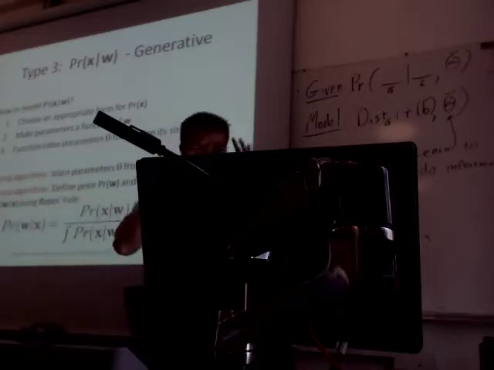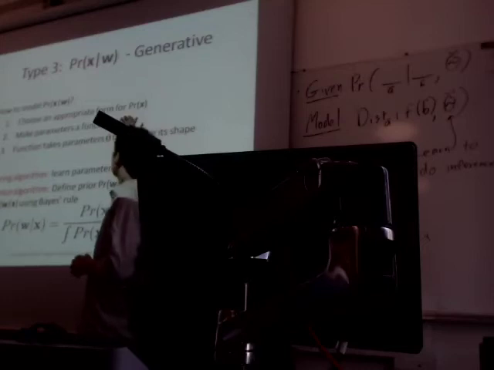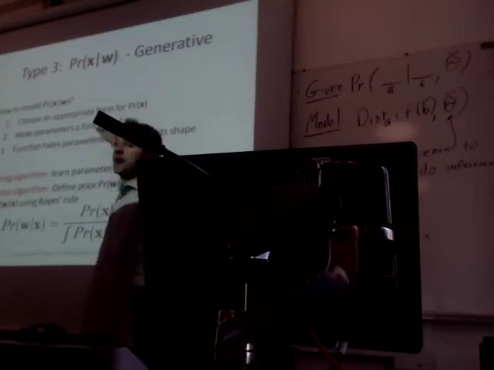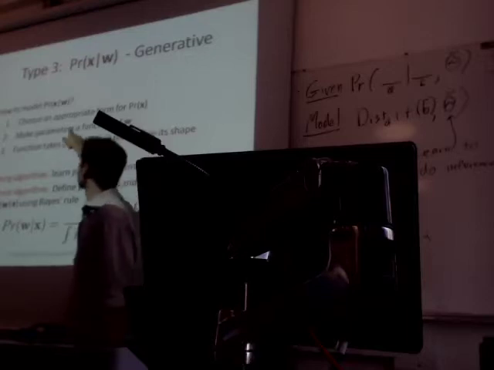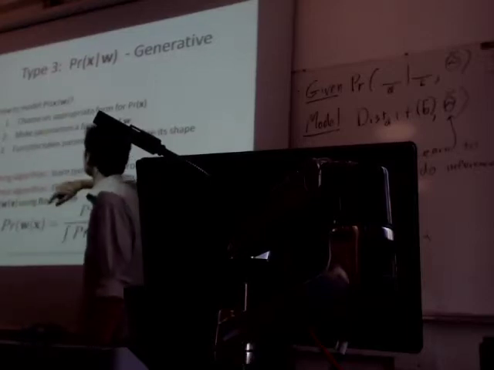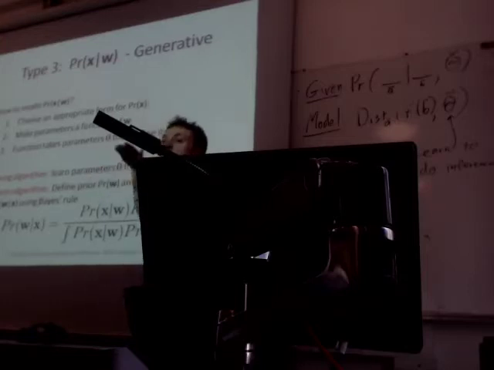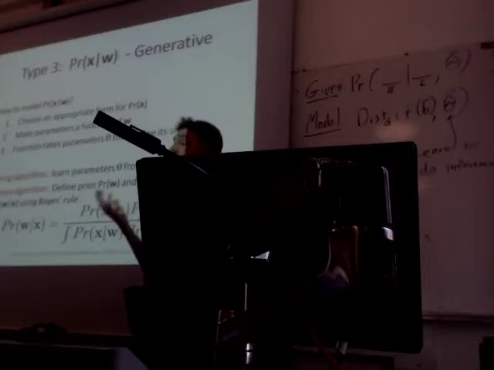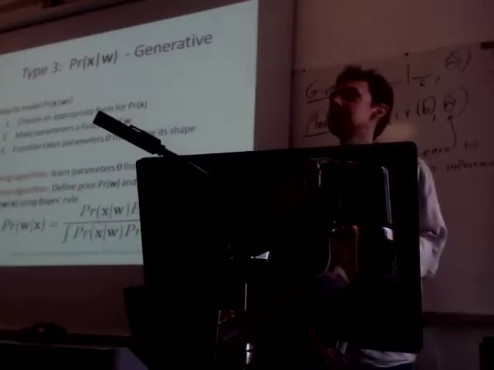I want to model a distribution that describes the data first. I'll make that model use a function inside of it, a function of W, because the W is what we're contingent on. And then, of course, we have parameters theta. We have to learn the parameters theta just like before. Once we've done that, now we can compute, if anybody asks, probability of X given W, probability of the data given the world.